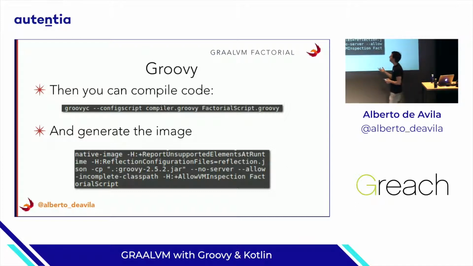We use some config that I don't know what it means, so I don't understand that. Maybe people more expert than me here in the room can answer. But the important things here are two: you have to include the Groovy jar to execute inside the image, and you have to put the reflect.json to indicate where the reflection configuration is, and in the last argument the name of the class file.